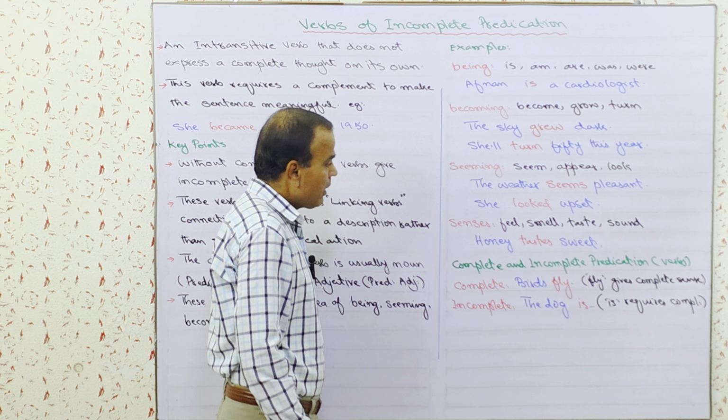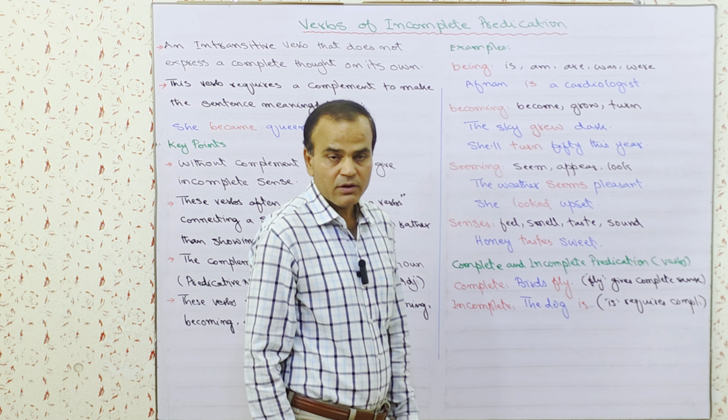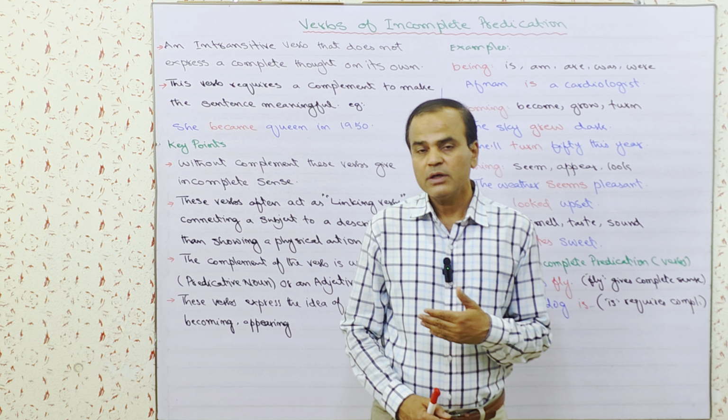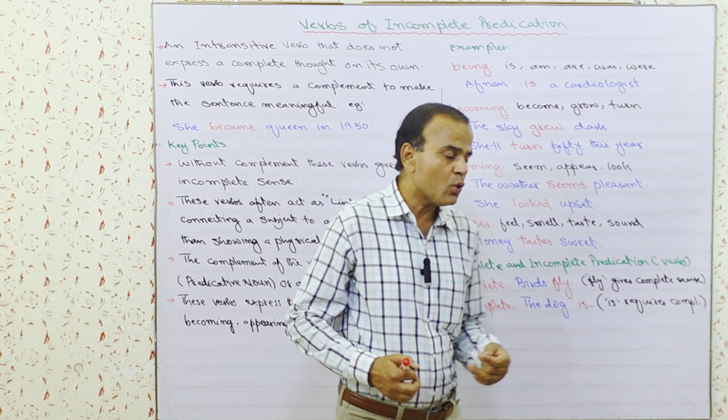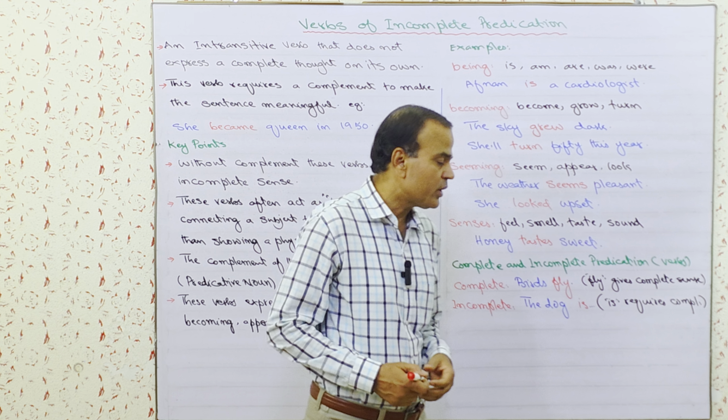Then the verbs of senses, which show the work of the five senses. We also call them verbs of perception. Most of them are like feel, smell, taste, and sound. They have also other meanings, but here they are used as linking verbs, as in honey tastes sweet.